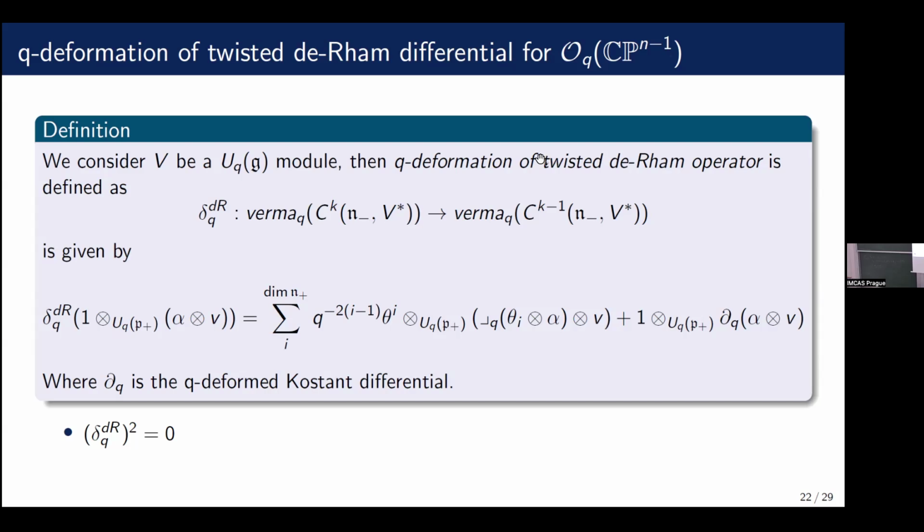But it's asking for a general capital V. You have the definition of the delta here, and in the formula you have a 1 tensor something. What would happen if you do not plug in a 1, but any element of U here? It would be clear for a left linear map, you just extend as a left linear map. But if it's not left linear, what would be the definition?